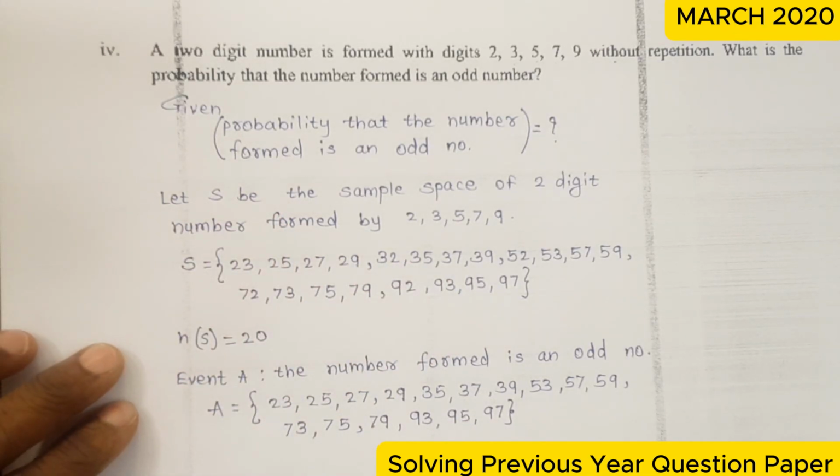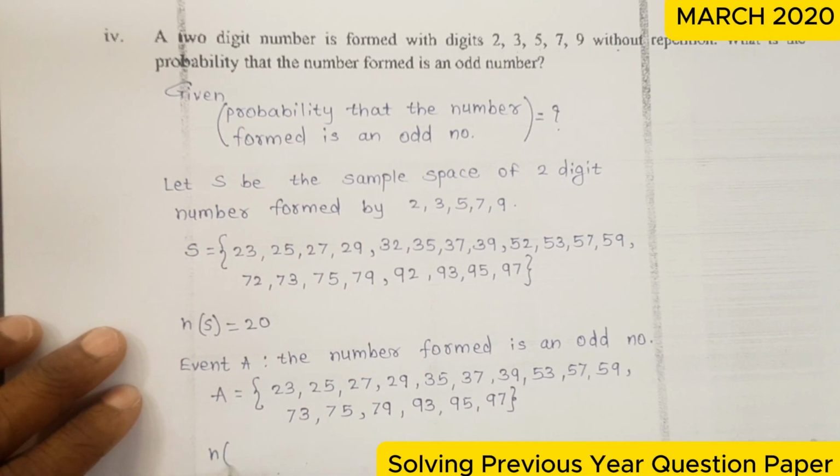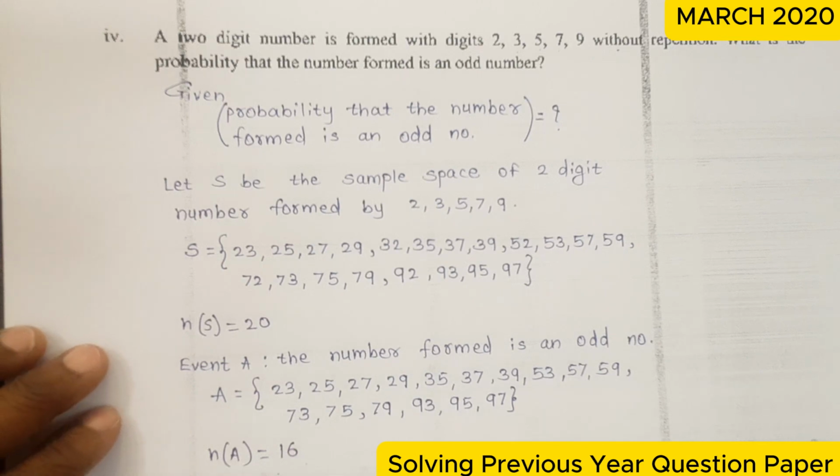So now we count these numbers: 1, 2, 3, up to 16. So n of A is equal to 16, students.